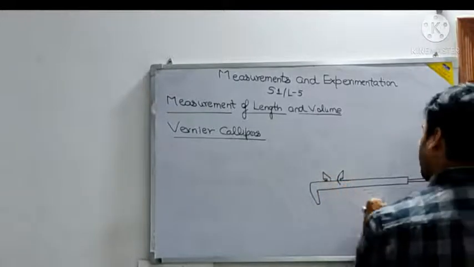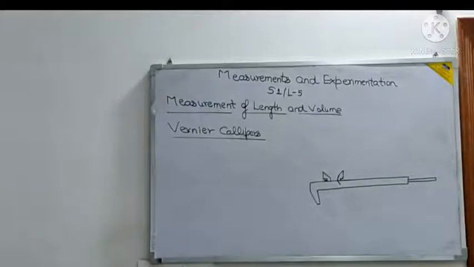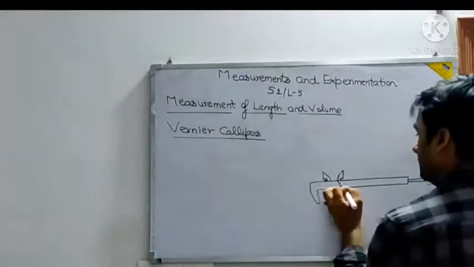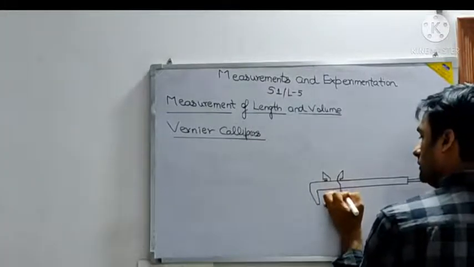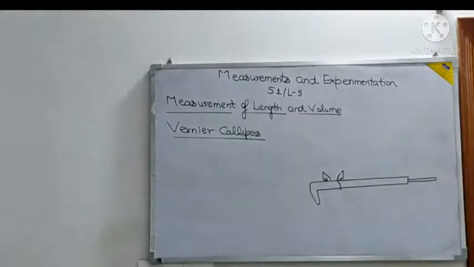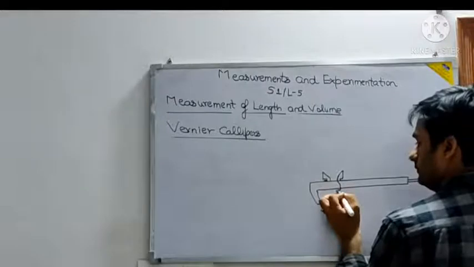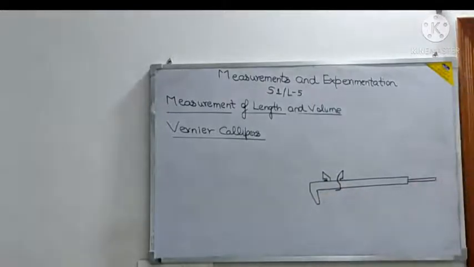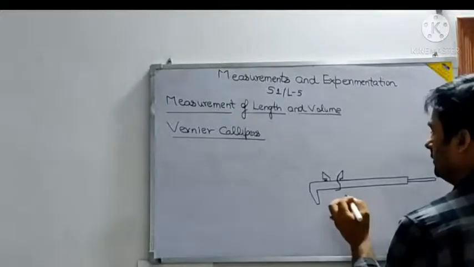And this extends here, and this extends below and makes the other movable jaw. Should have been a little bit closer, but no problem.